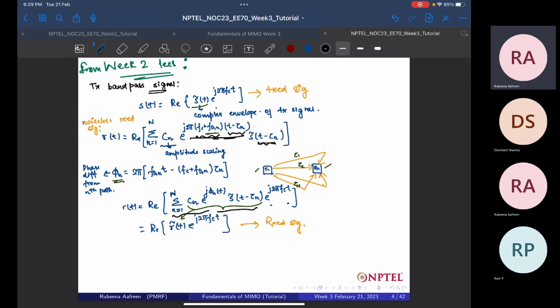So we will carry on from here. At the receiver, different signals are arriving through different delays, and different Doppler shifts are included. So the received signal we can write in this form.